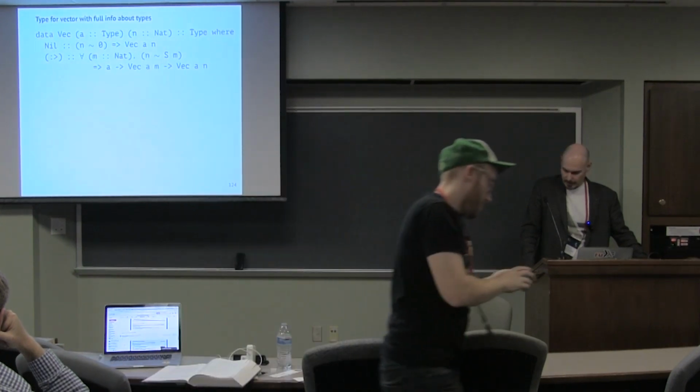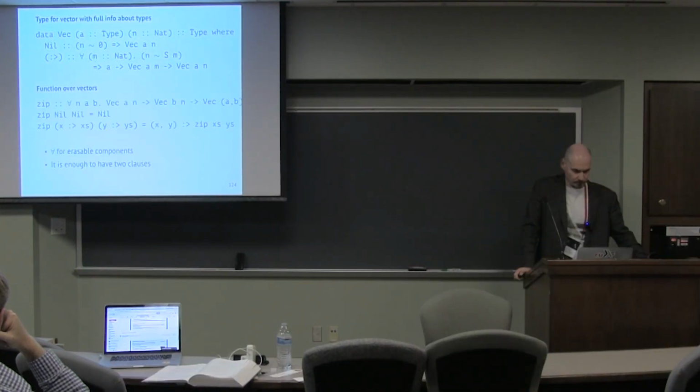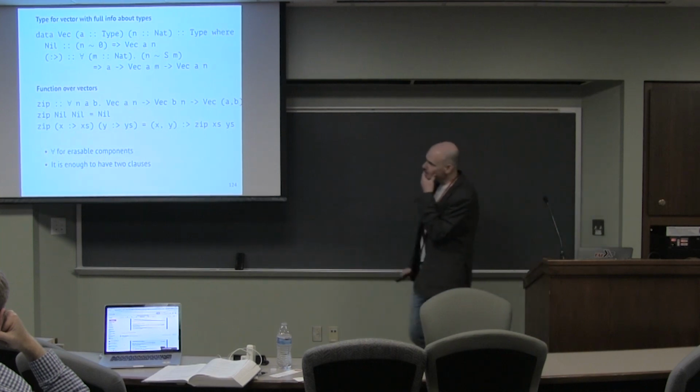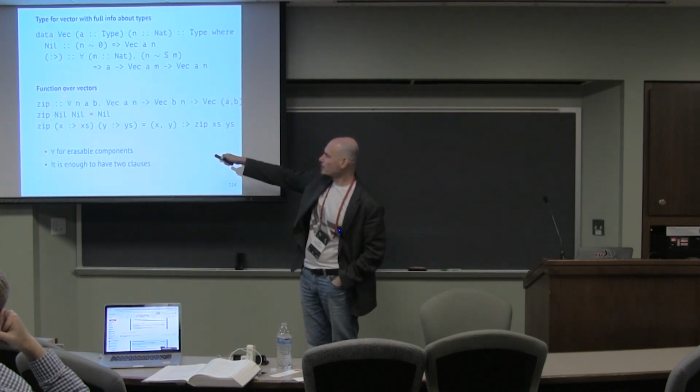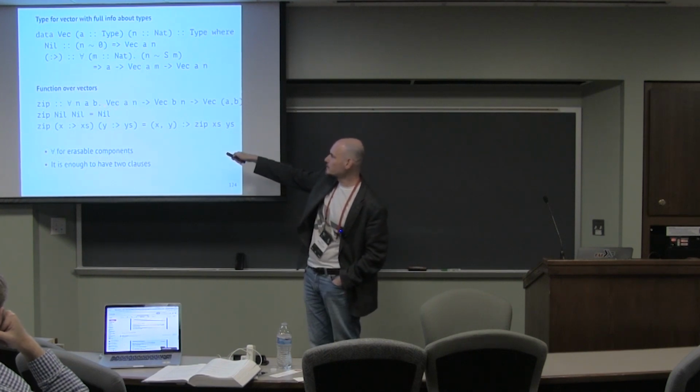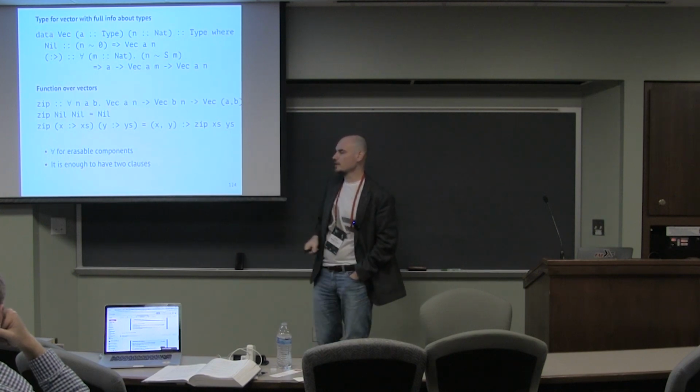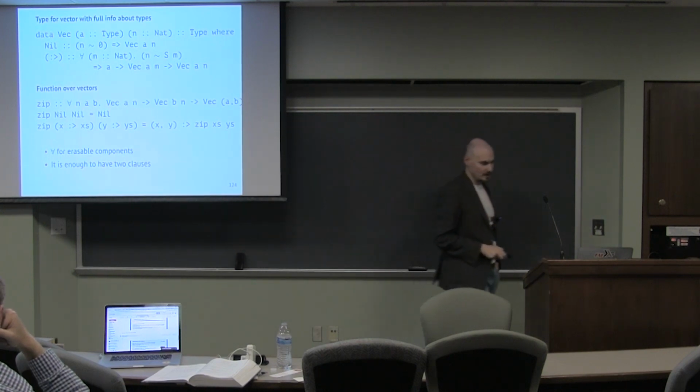All right, and this is how a function over vectors looks like now. You can see this new type here with several components which are universally quantified, and we use them for erasable components here.